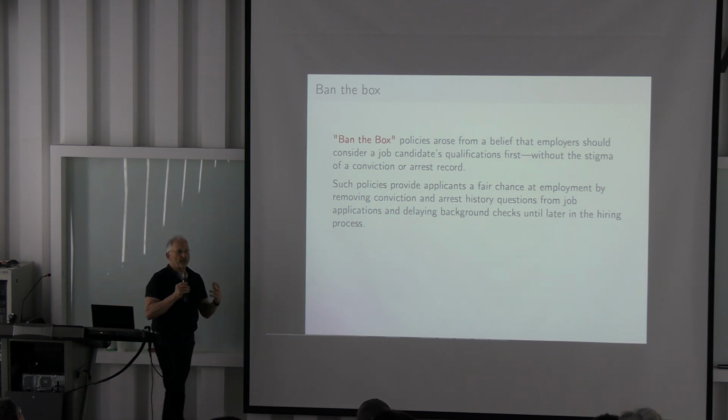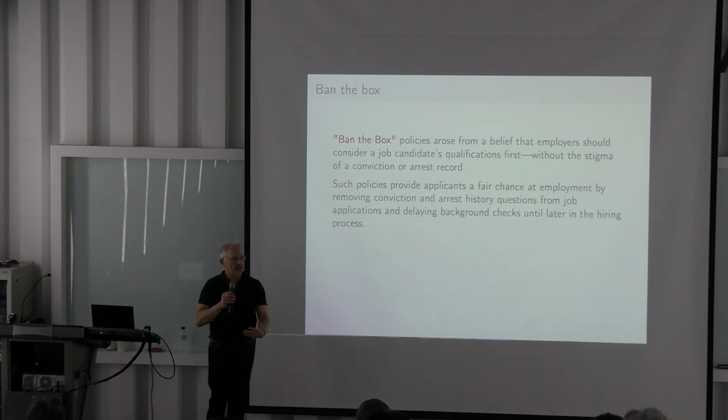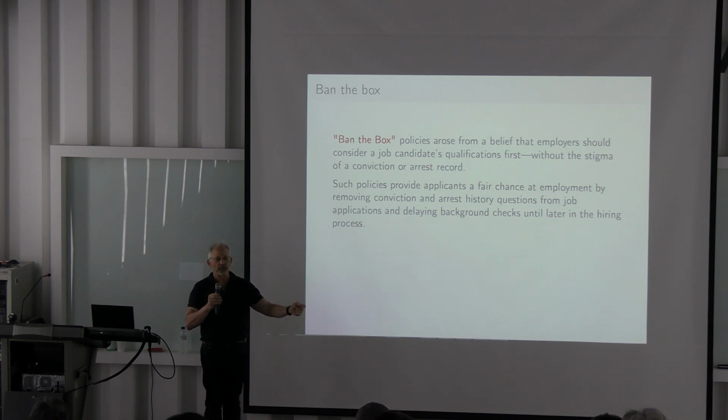Now, there came people who advocate for minority groups, and they say the chance of being convicted is much higher for black people than for white people. You should not base your decision on this box of whether you were convicted in the past.